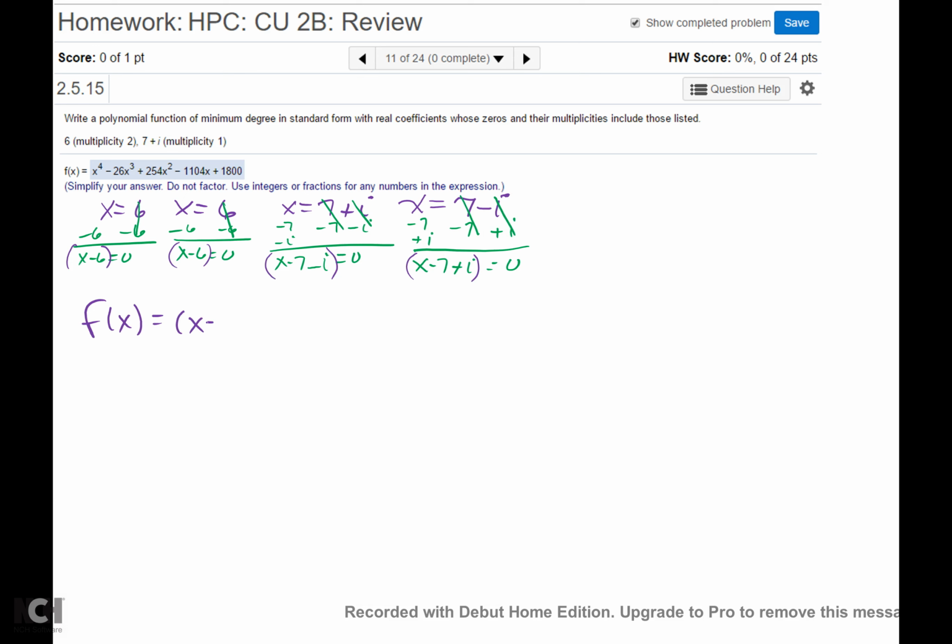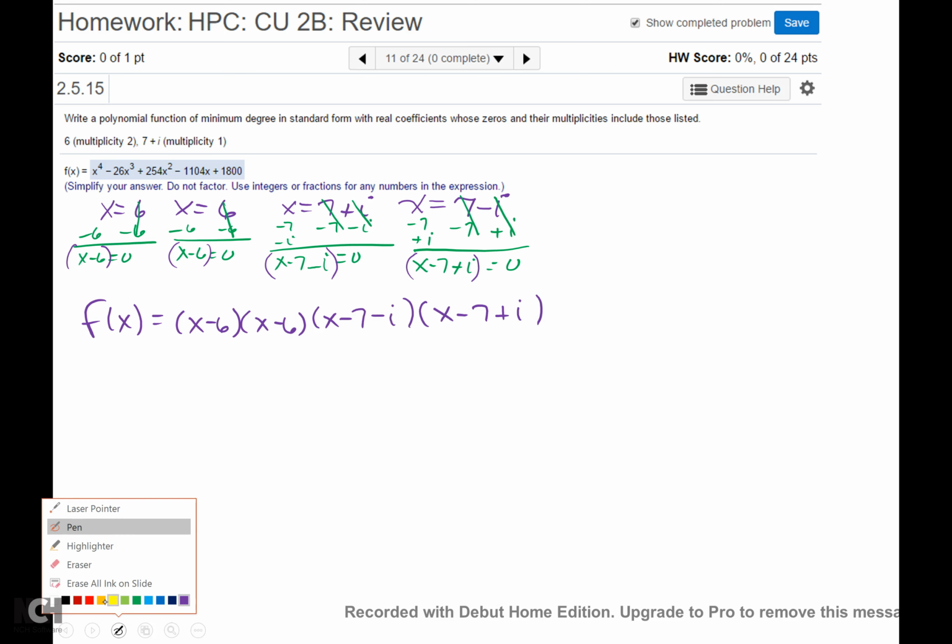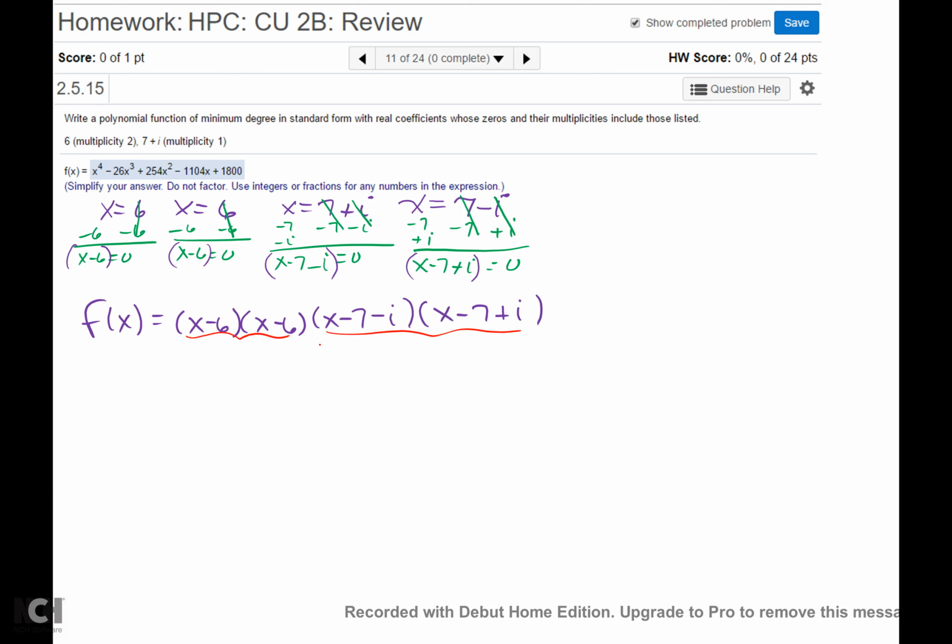So it's going to be x minus 6 times x minus 6 times x minus 7 minus i times x minus 7 plus i. Again, I have conjugates on the end, and these two are not conjugates, and they don't have anything to do with those. So I'm going to do these two together, and then these two together, and then I'll multiply those two together at the end. That's my plan.